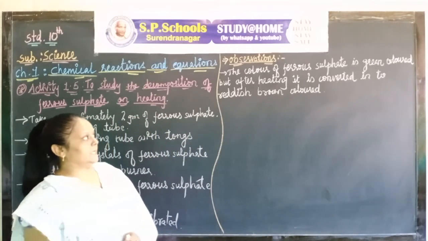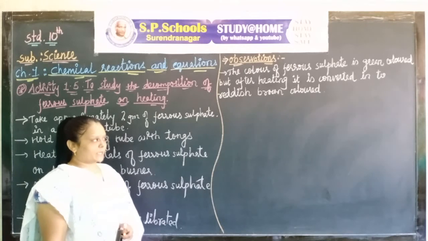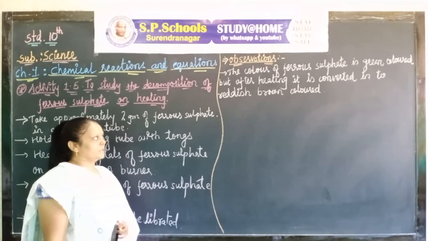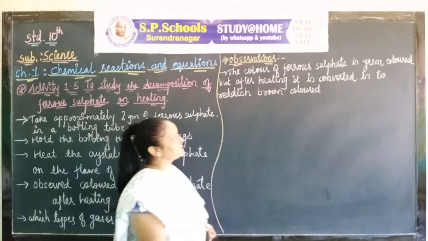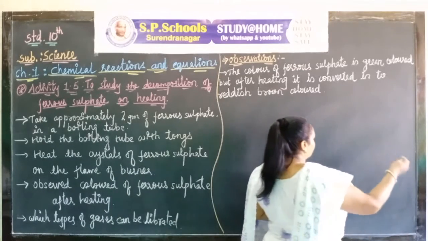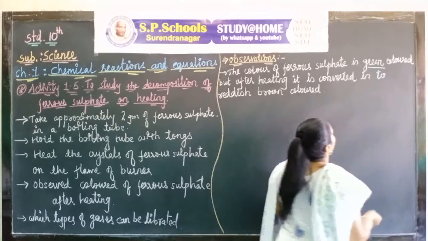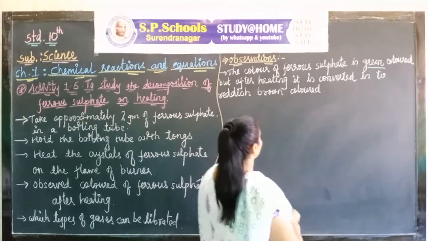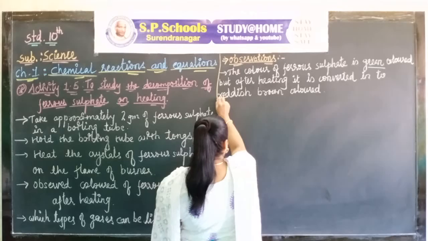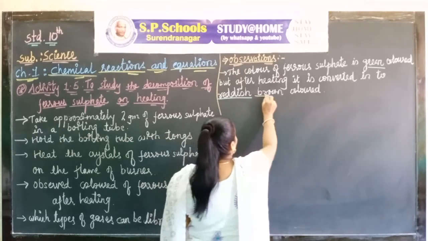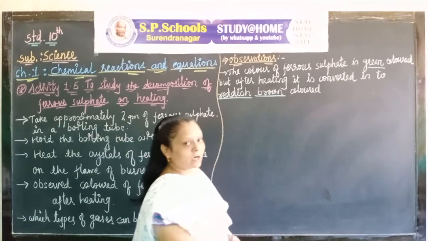When we take the crystals of ferrous sulfate in the boiling tube, the color is green, but when we heat it, the color changes to reddish brown.